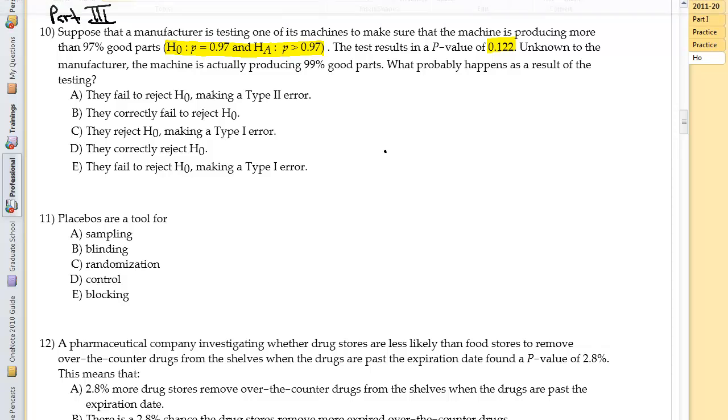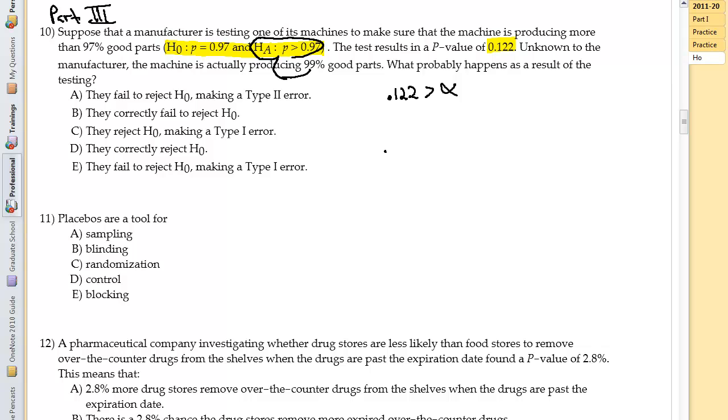Now, this is kind of significant, because 0.122 is probably greater than alpha. Unknown to the manufacturer, the machine is actually producing 99% good parts. So actually, the alternative hypothesis is true.